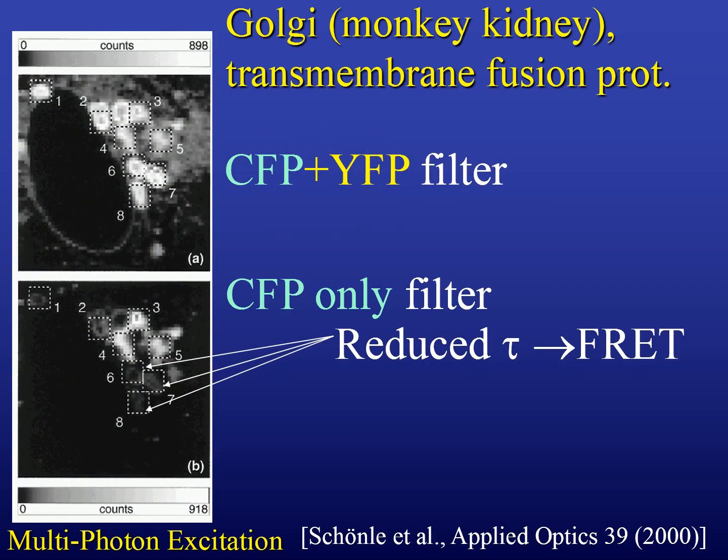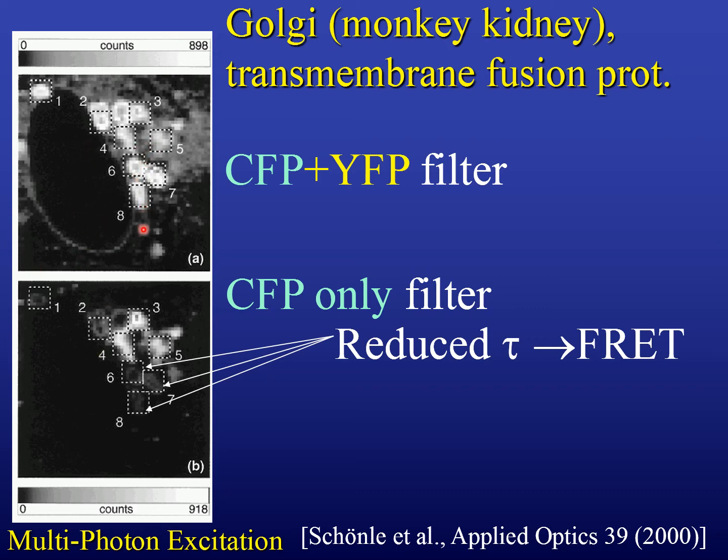And you see an example in reality here. So we have a Golgi from monkey kidney cells, and with a transmembrane fusion protein, and you see that if you have a CFP, so that's also called cyan, and YFP filter set, then you can see in the cyan filter, for example, these components, and if you have both filters on, where you see both channels, you see these components, and you can then see, well, they are not proportional to one another.